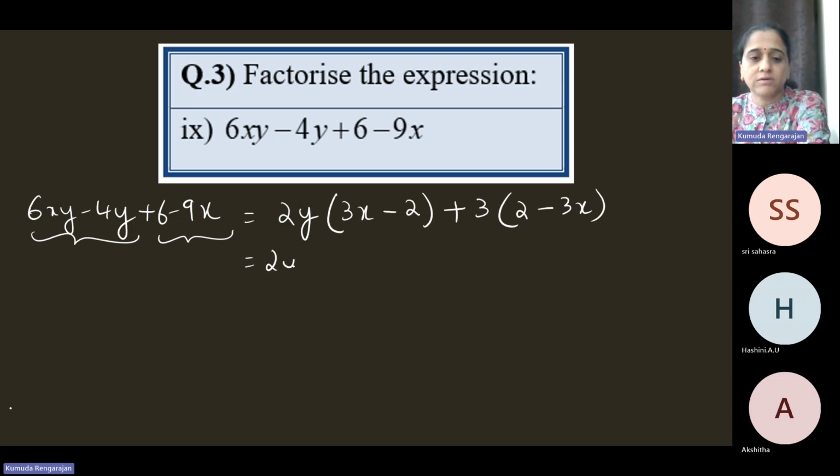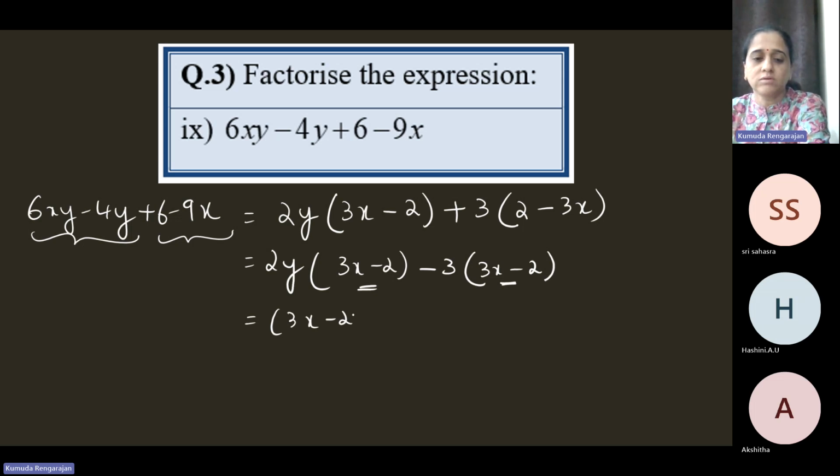So next step, this is 3x minus 2, but in the other bracket we have 2 minus 3x. So change the signs: plus 3 becomes minus 3, and write 2 minus 3x as 3x minus 2. Now 3x minus 2, 3x minus 2, so the factors are 3x minus 2 into 2y minus 3.